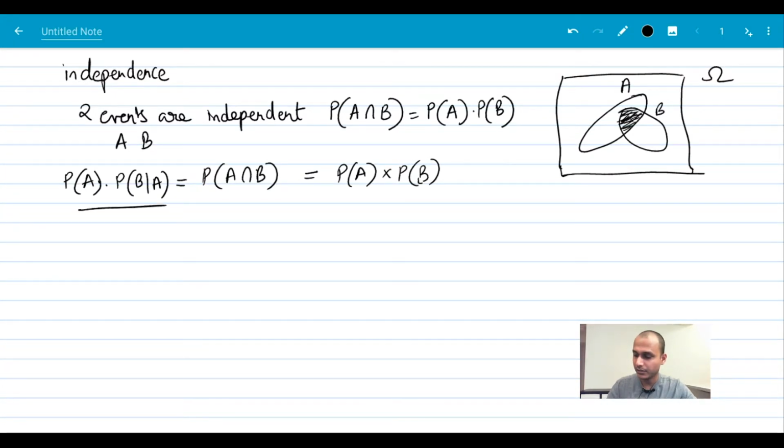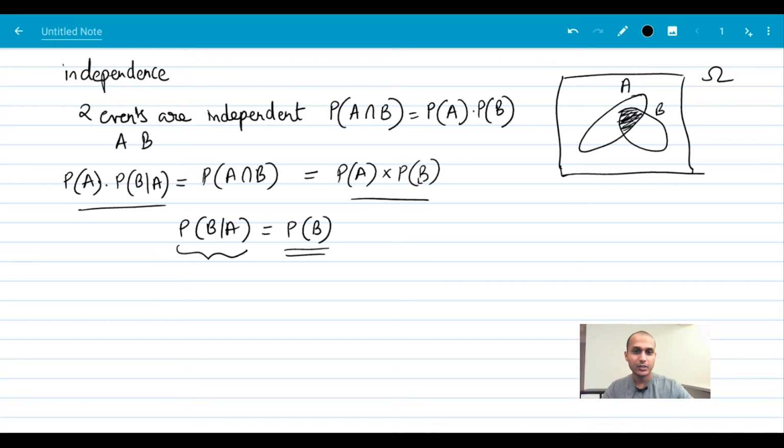Then we can see that probability of B given A is nothing but probability of B itself, which means that knowing that A has happened has no bearing on my belief on B. Even if I tell you that one of the outcomes in A has happened, it doesn't let me update the belief over B. That means that A and B have no information gain if I know one or the other.